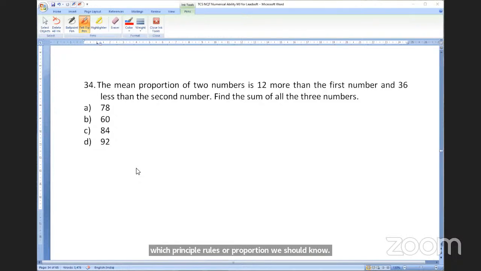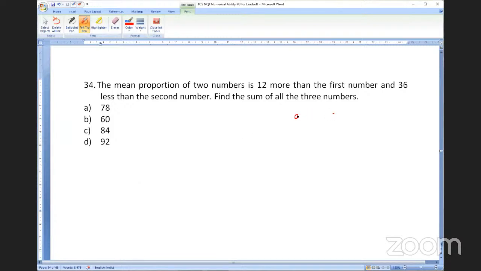We'll discuss the rules and then we'll try to solve this. First of all, a few rules.